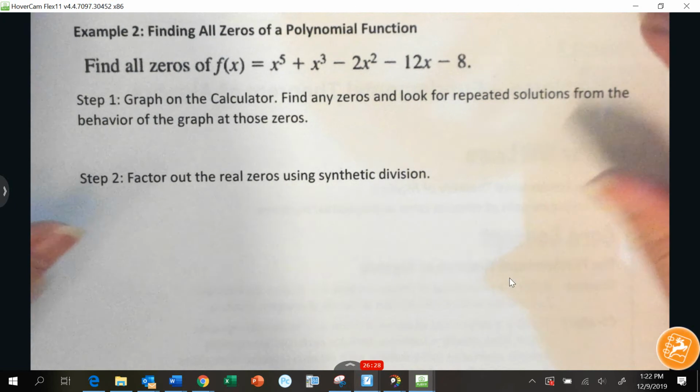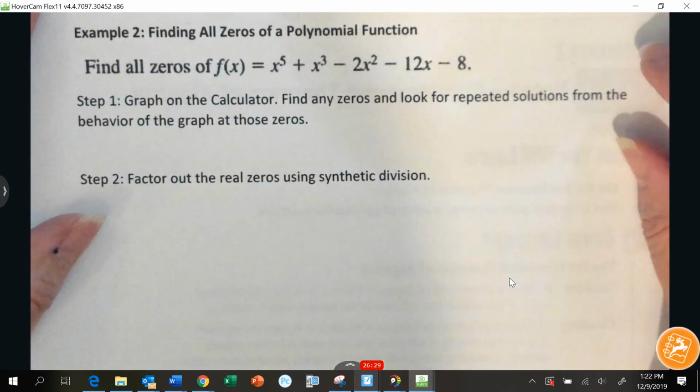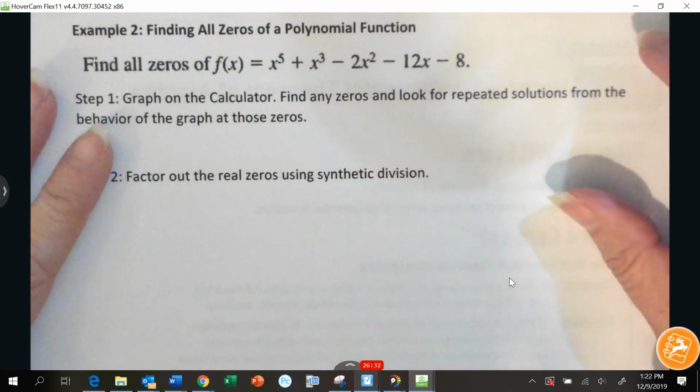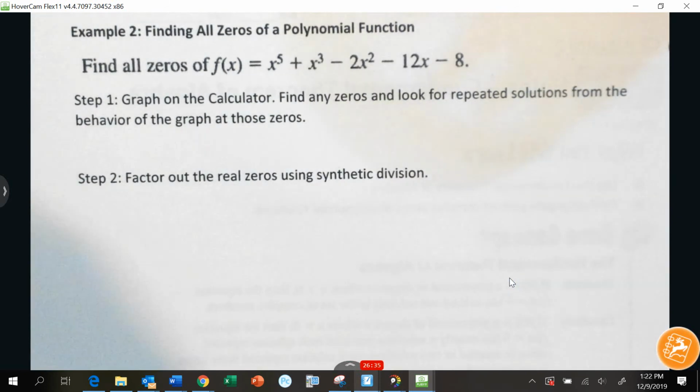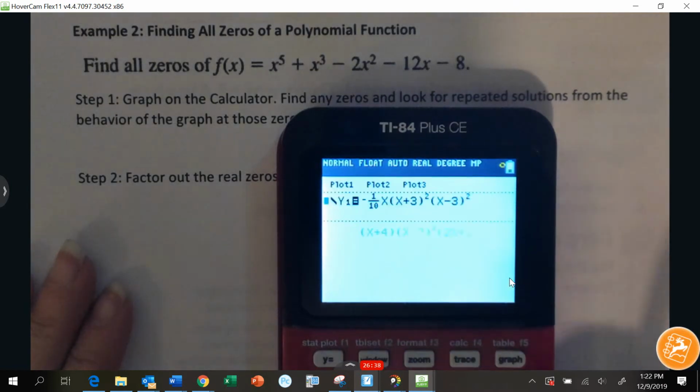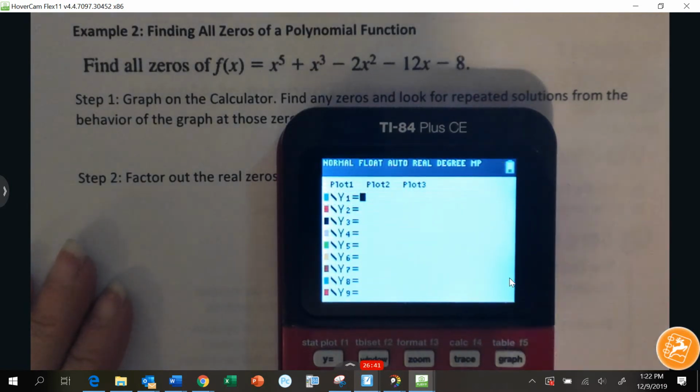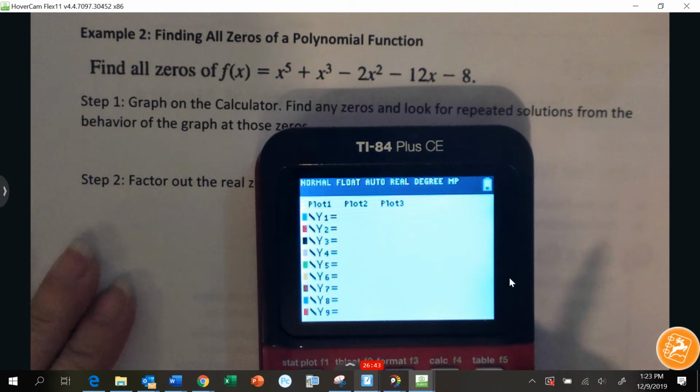So let's review this kind of question again. It says factor out zeros using synthetic division. We need to graph it on our calculator. So go ahead and pull out your graphing calculator, go to y equals, and we're going to type in this equation.